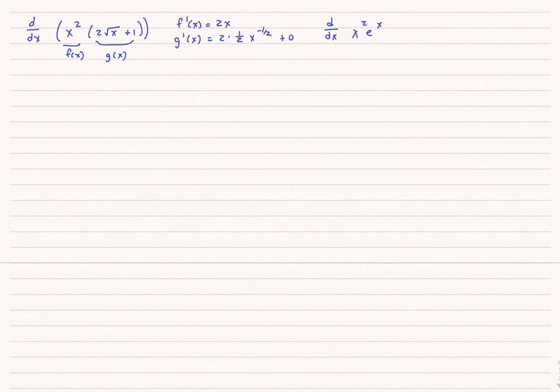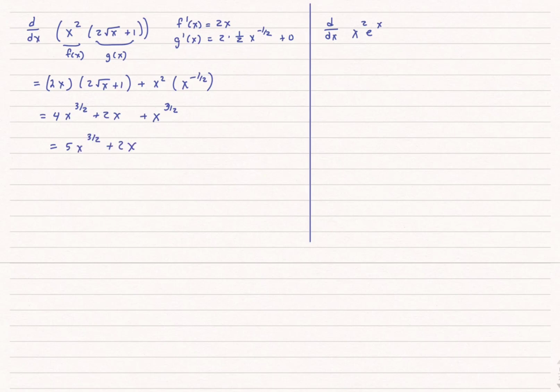Once I have that, I can just plug everything into my product rule: I take f prime of x, multiply it by g of x, and then I add to that f of x times g prime of x. I can go ahead and multiply this out. I'll get 4x to the 3/2 plus 2x plus x to the 3/2, and that simplifies to this.